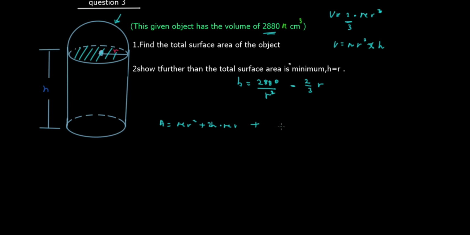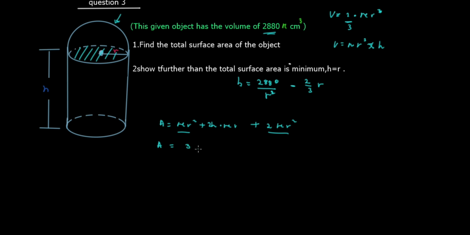plus 4 pi r squared. We're going to divide it by 2, which will be 2 multiplied by pi r squared. So these things are the like terms.